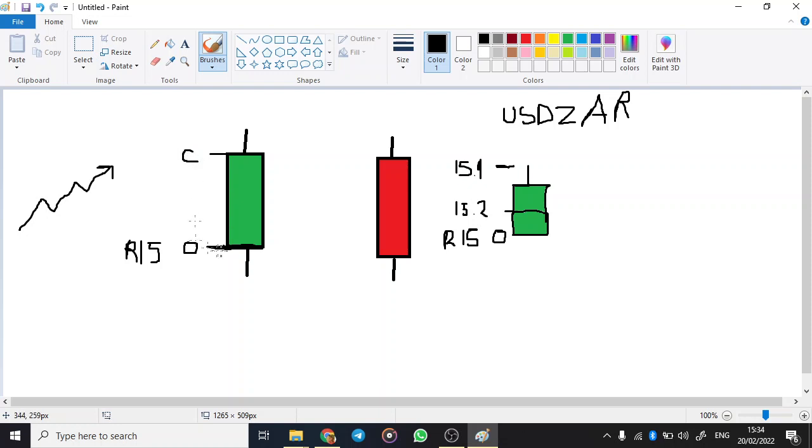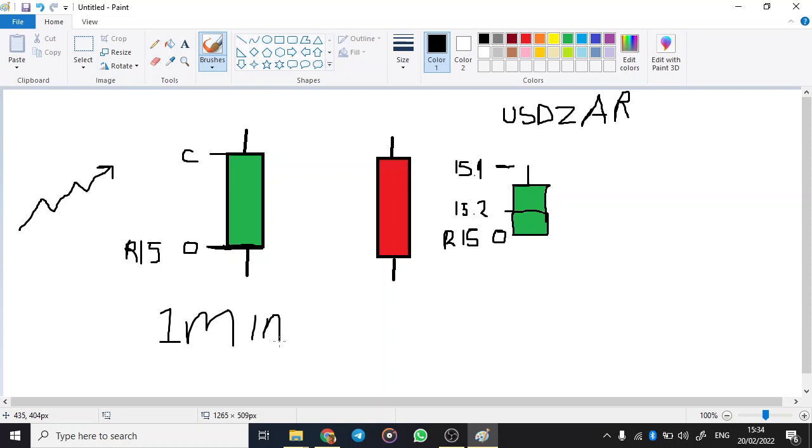So if this candlestick, let's say it is a candlestick that forms during a minute, so if we're looking at a 1 minute time frame, meaning that every single minute we are getting a candlestick, and you are looking at that time frame.